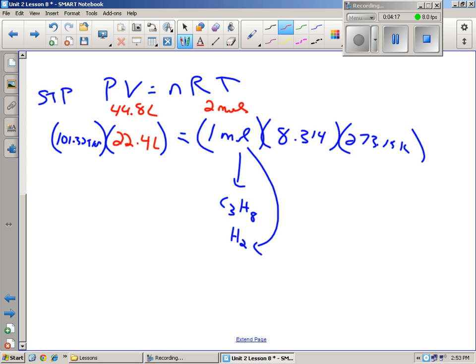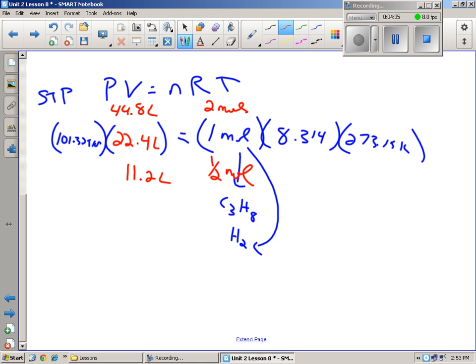And if you took half a mole of any gas at STP, you only need 11.2 liters of volume to keep it at that pressure and that temperature. All those things are related to each other.